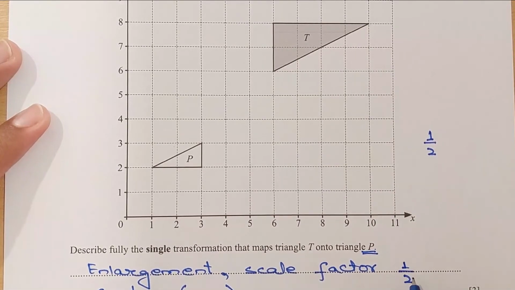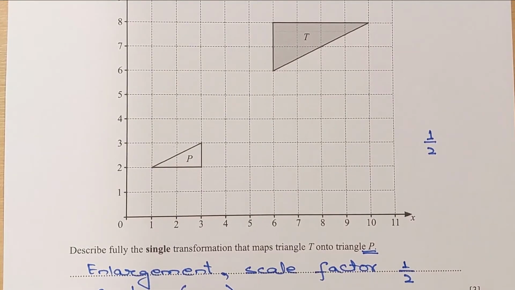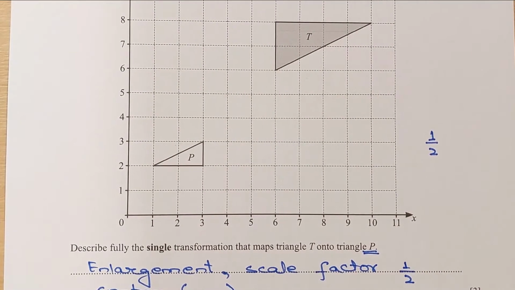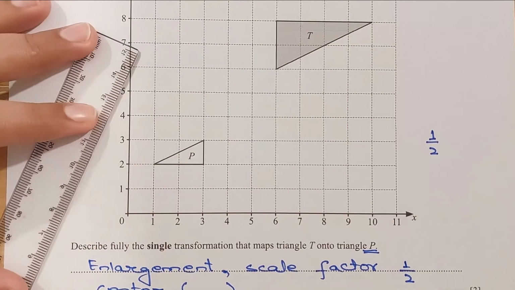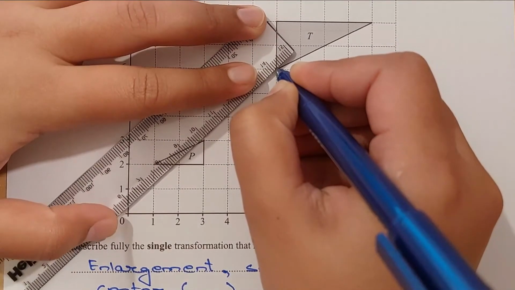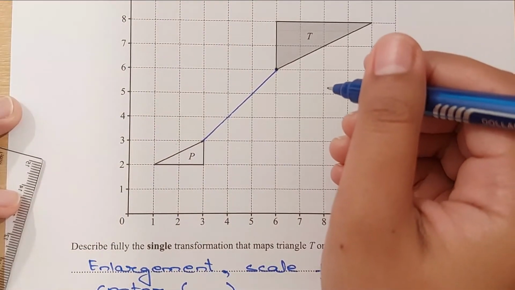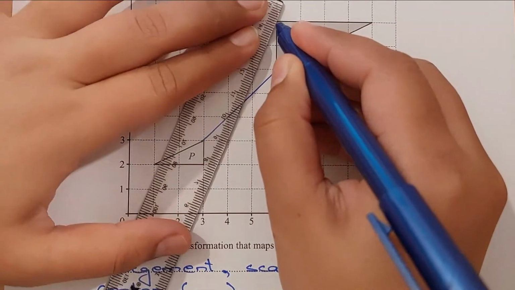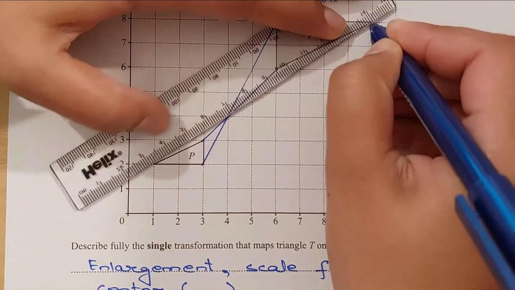Now we have to check whether the sign is positive or negative. First, we need to find the center. If the image is on the same side of the center, it is positive, and if it is on the other side of the center, it is negative. So let me connect the points. This point is going to be this one, and connecting this point with that one and this with here.